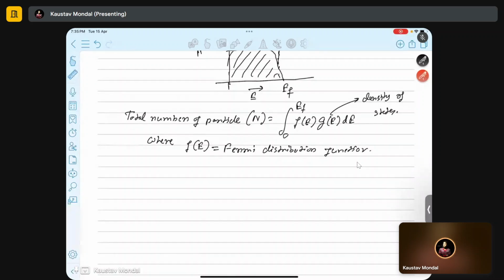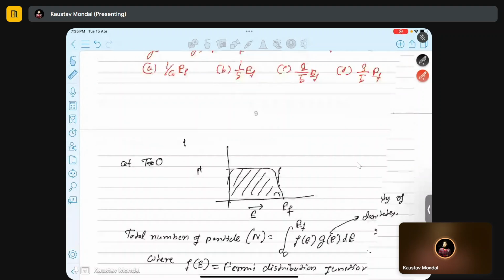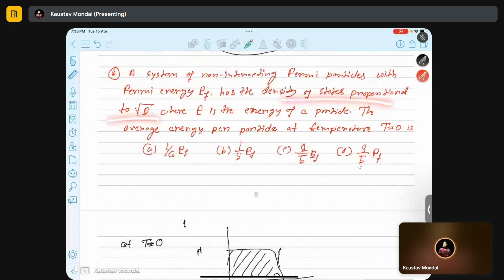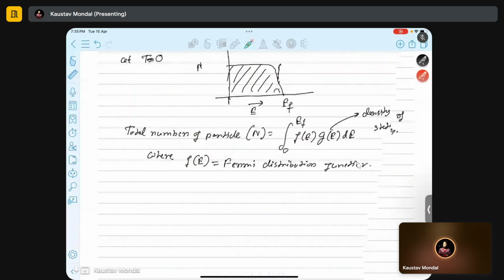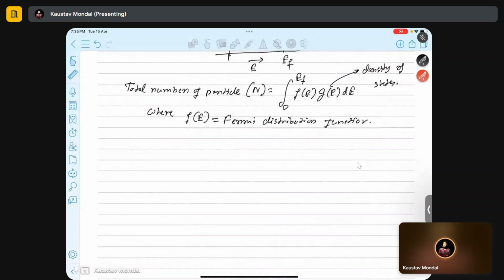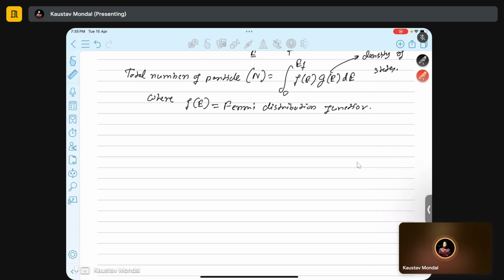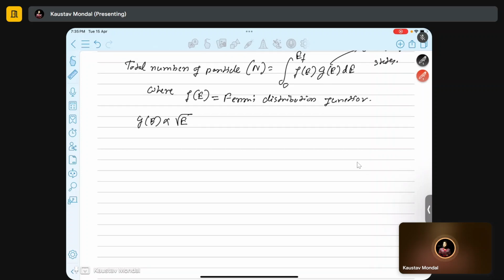Density of states, as you can see, is simply proportional to root E. So G(E) would be proportional to root E. Now the total number of particles N would be the integral from 0 to EF of F(E) root E dE.